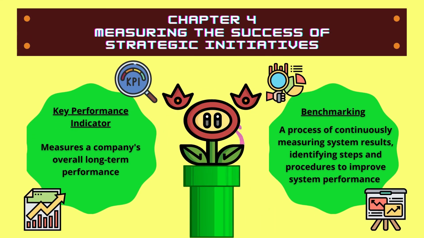Chapter 4: Measuring the Success of Strategic Initiatives. First, Key Performance Indicator measures a company's overall long-term performance. Second, Benchmarking, a process of continuously measuring system results and identifying steps and procedures to improve system performance.